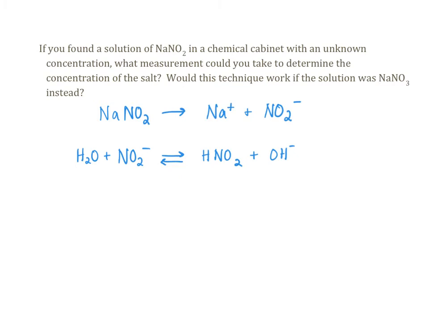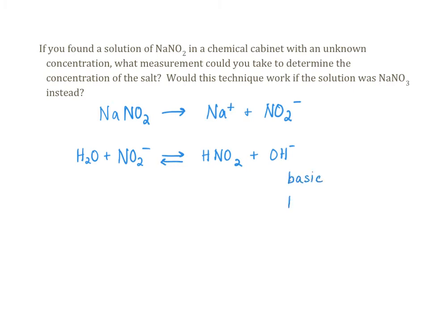First, the salt would dissociate completely, 100%, into the sodium ion and the nitrite ion. Then the nitrite ion would interact with the water molecules to make a little bit of nitrous acid and increase the concentration of hydroxide in the water. That means that the solution is going to be basic.